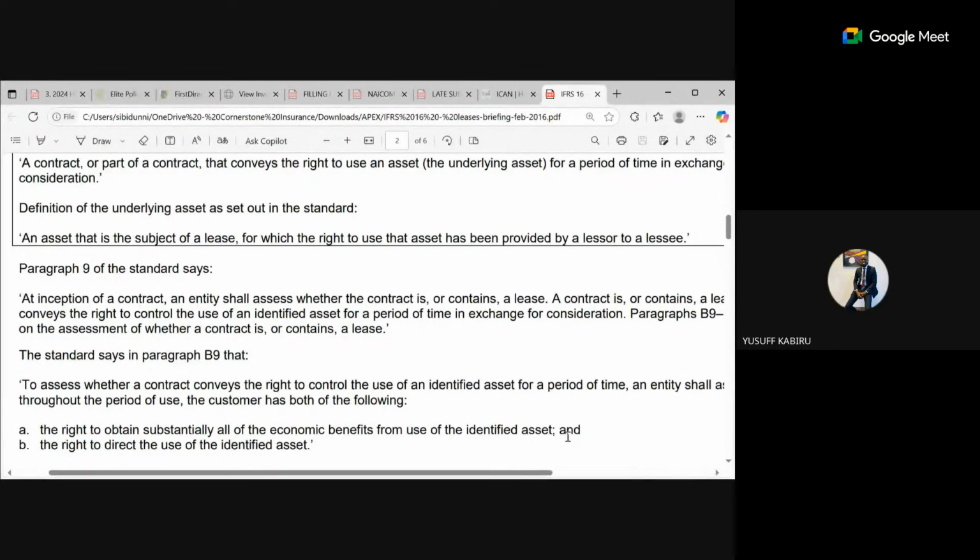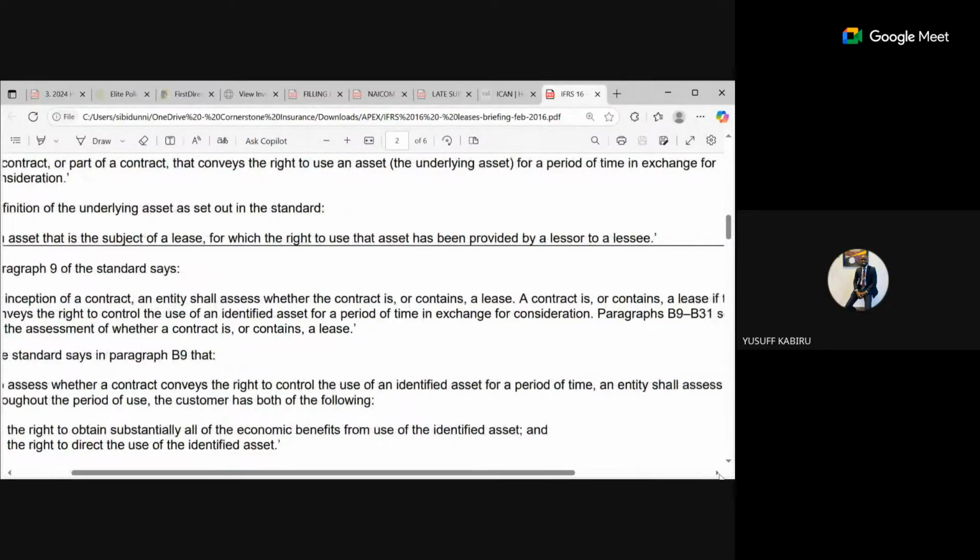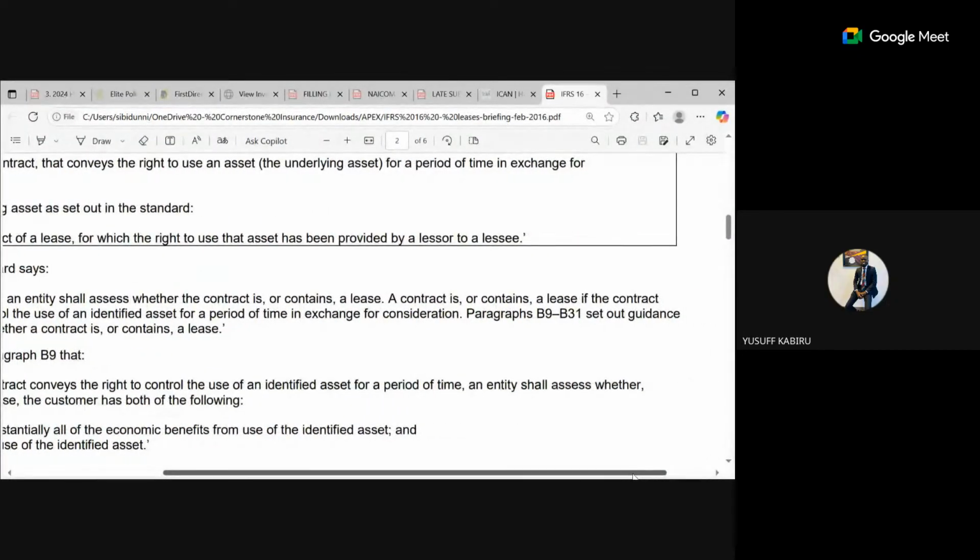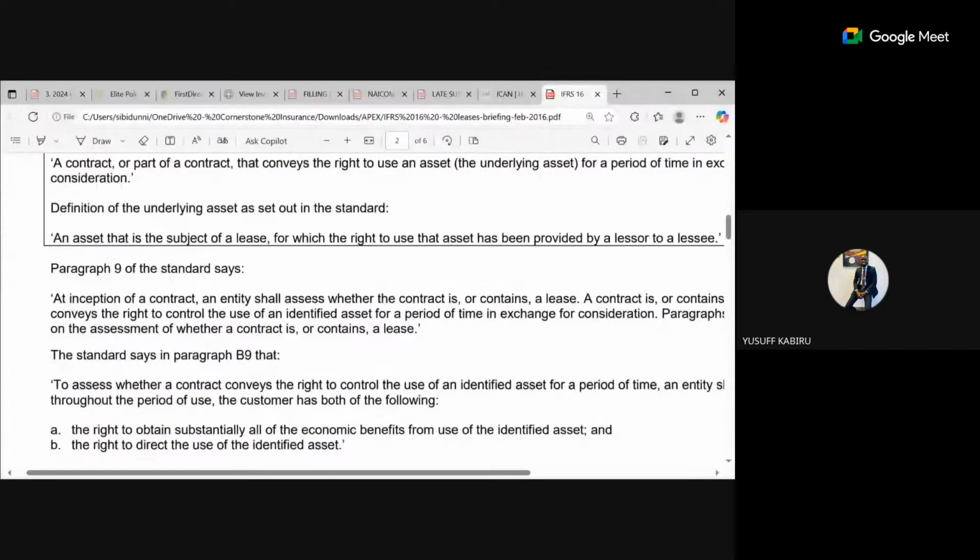So as I was saying, before the contract commences, it must be examined whether it contains a lease. And there are two major points to confirm that we'll get to. So a contract is or contains a lease if the contract conveys the right to control the use of an identified asset for a period of time.